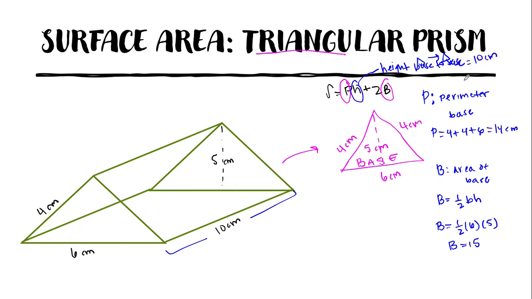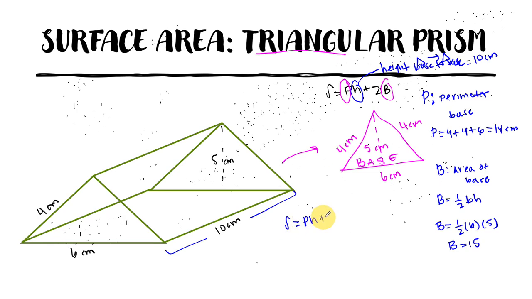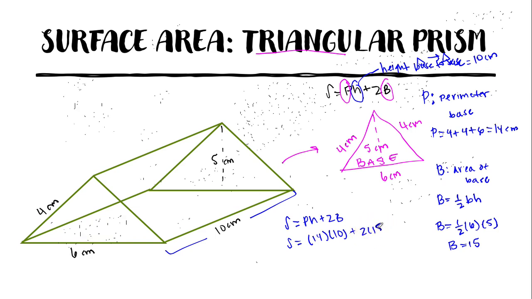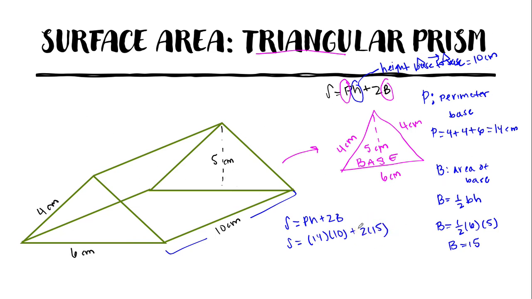So I have all my numbers, my height, my perimeter, my area of the base. So S equals PH plus 2B. S equals 14 times 10 plus 2 times 15. Putting that in my calculator gives me 170.